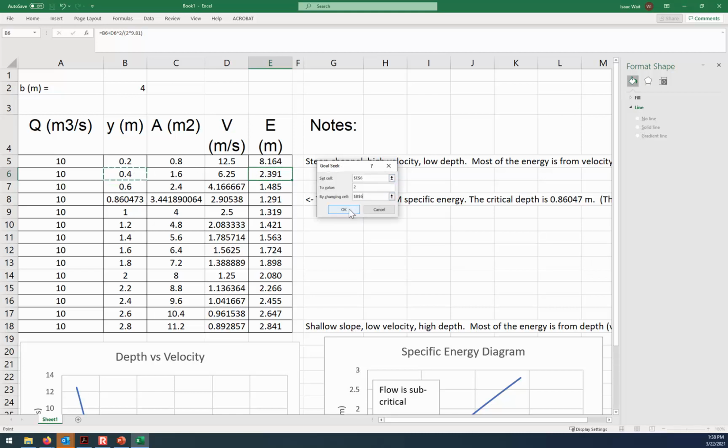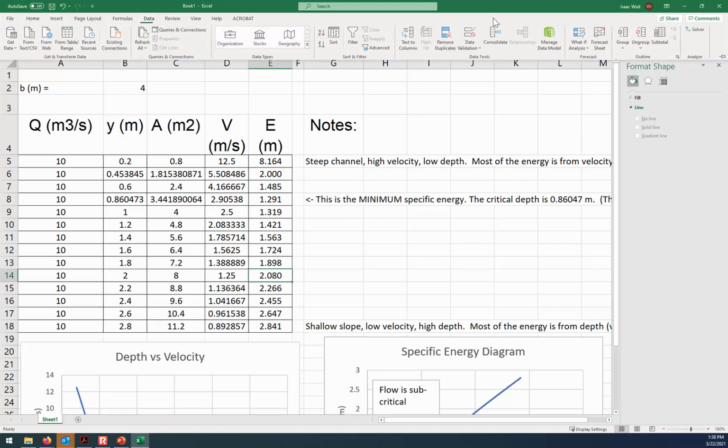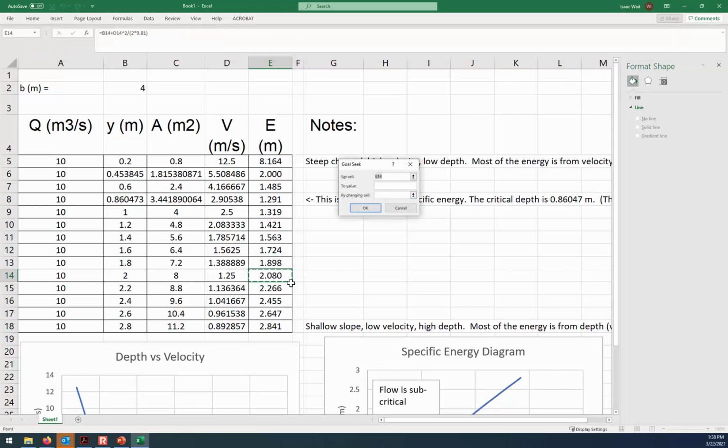Okay, so I'm finding the supercritical depth that has a specific energy of 2 meters. And then down here, I'm going to find the subcritical depth that has a specific energy of 2 meters. So I'm going to set this to a value of 2 by changing this depth.